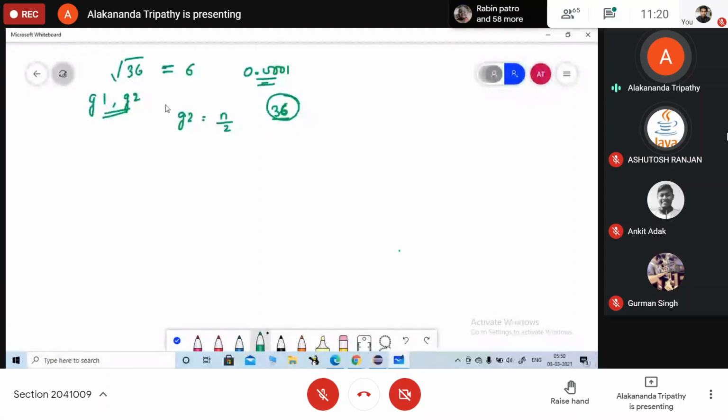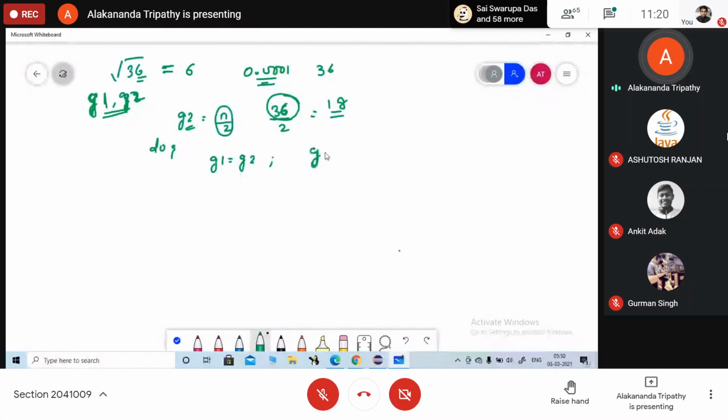Here we are going to take two values, एक G1 लेंगे, एक G2, any two variables. So G2 को हम लोग असाइन करेंगे n by 2, whatever the number जिसका हमें स्क्वायर रूट निकालना है उसको डिवाइडेड बाई 2 करेंगे. सो 36 by 2 कितना आएगा? 18. सो वी आर गोइंग टू स्टार्ट इट फ्रॉम 18 और यहाँ पर हम लोग एक do while loop लेंगे. सो नाउ G1 इज असाइन्ड विद G2, तो अभी G1 में कितना असाइन हो गया?